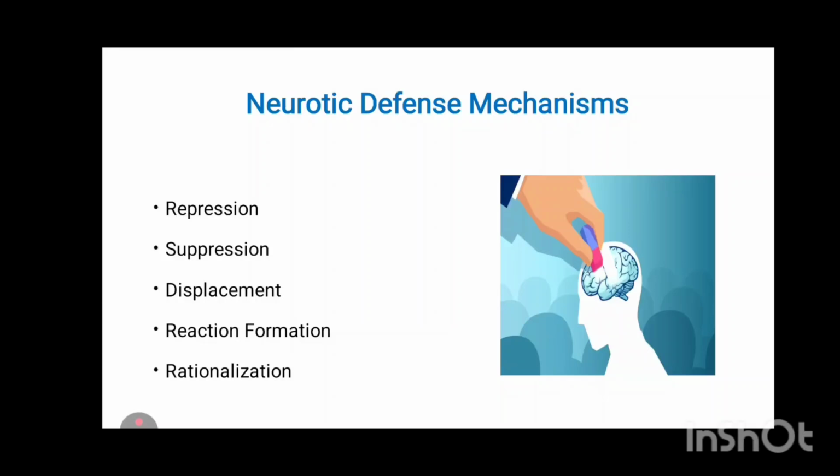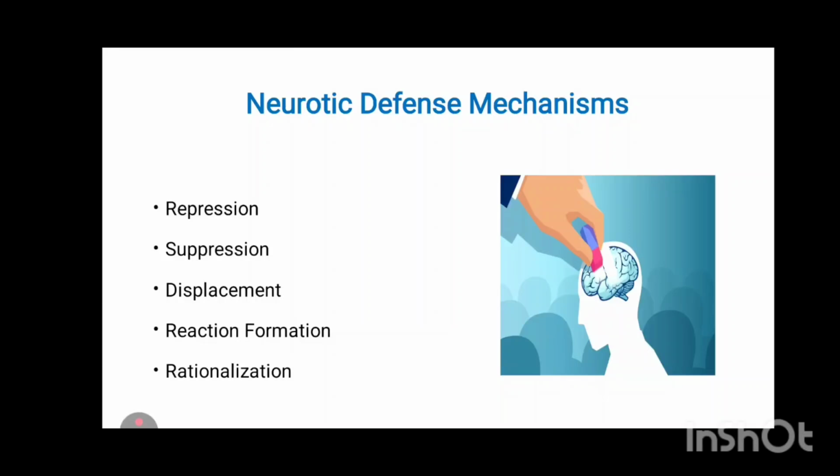Next is displacement. This is redirecting emotions from a threatening object to a safer one. For example, a nurse scolded by a doctor vents out anger on a family member at home. Next is reaction formation. This is behaving in a way opposite to one's own true feelings.